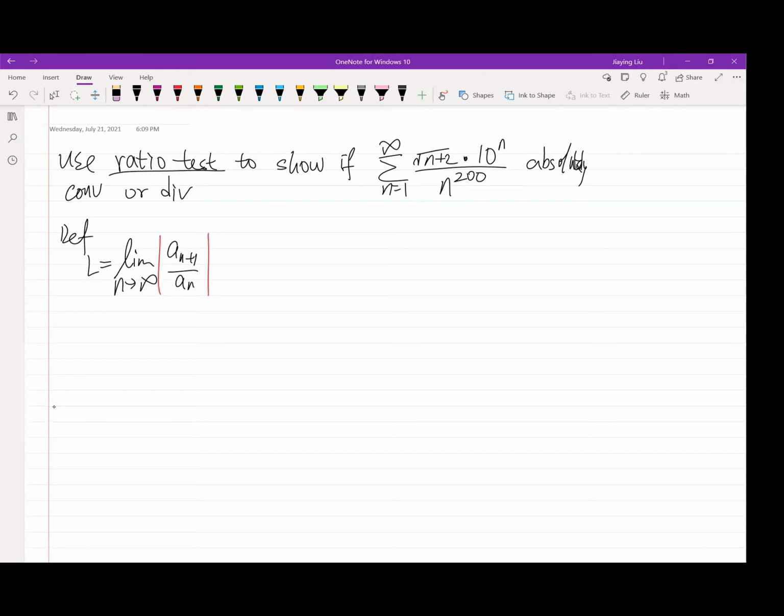Now, what is a_{n+1}? It's just all the n become n plus 1, right? So that becomes square root of n plus 1, but we already have a 2, so plus a 2 there, times 10 to the n plus 1, divided by (n plus 1) to the 200.